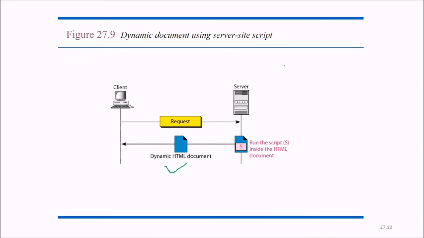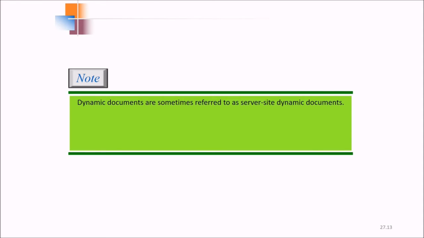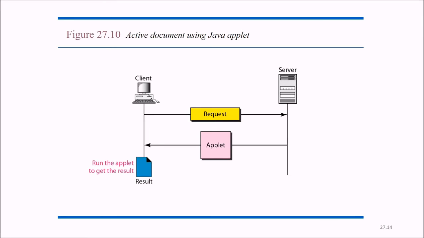But if you want to run something on your server, you need to have a server-side script. Like here you have PHP, like you have ASP, active server pages, and many other Internet technologies. So you send a request, this runs the script inside the HTML document on the server, and you'll get the dynamic HTML document. So dynamic documents are sometimes referred to as server-side dynamic documents.